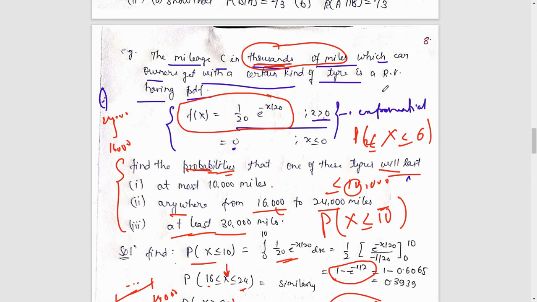So let's say we put x equal to 2. Then you found the probability 0.399. It means that this is for 10,000 miles. I don't know what the confusion is there, since obviously it's modeled in terms of thousands of miles.